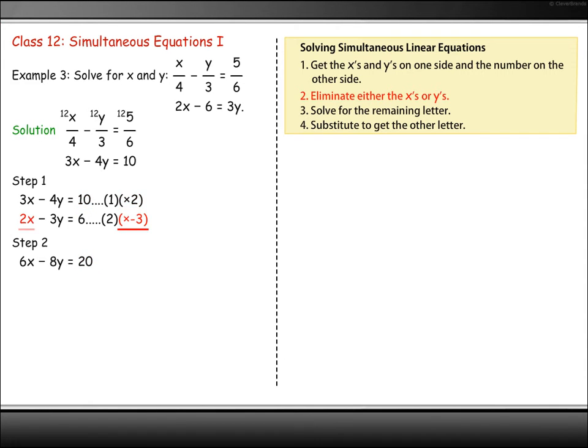And equation 2 becomes minus 6x plus 9y is equal to minus 18. Add the equations to give y is equal to 2. Step 3. Solve for y to get y is equal to 2.